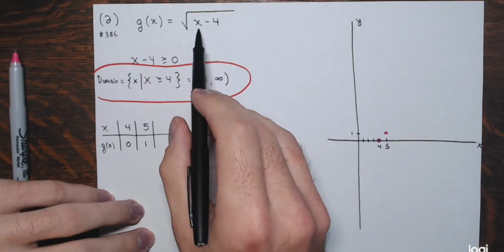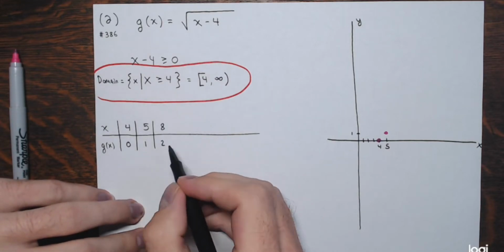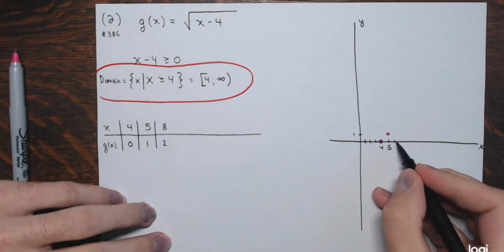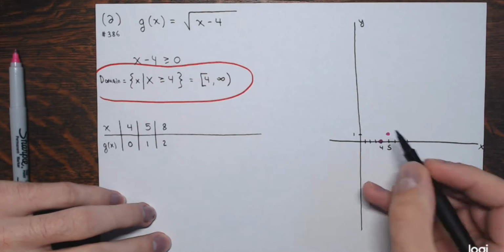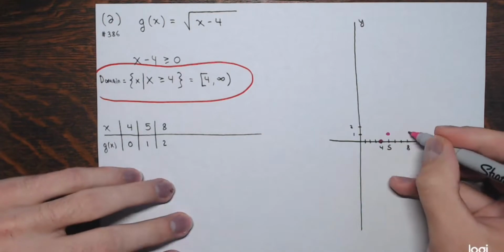8 would give me the square root of 4, which is 2, so input 8, output 2. Let's plot that point.